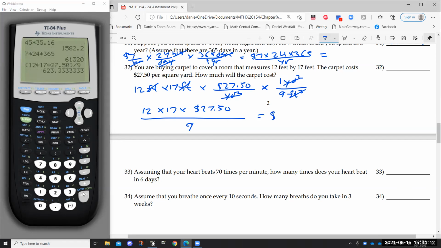Since this is in dollars, it can be in cents. There we go.